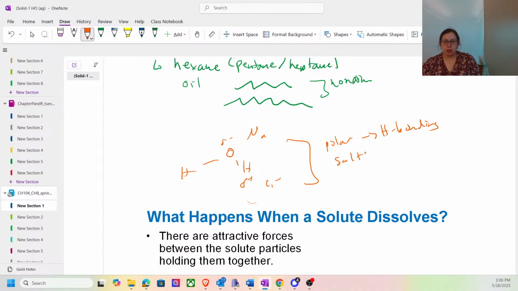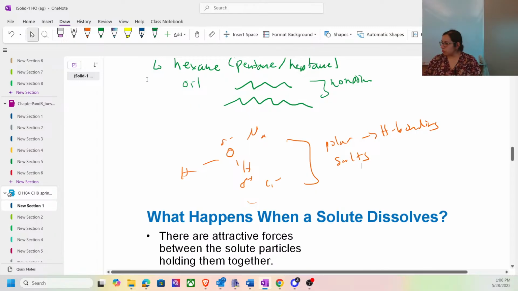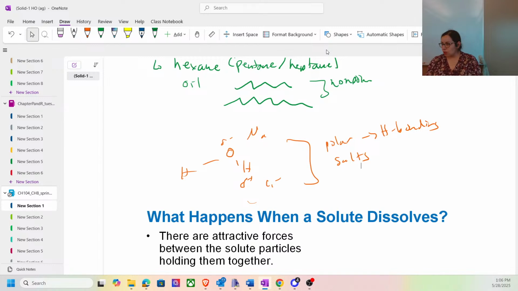I'll put salts there. This is also why organic compounds are not soluble in water. That can also go into different forms of drugs too. Drugs, they'll try to make as the salt, so then it's going to be soluble when you take it.